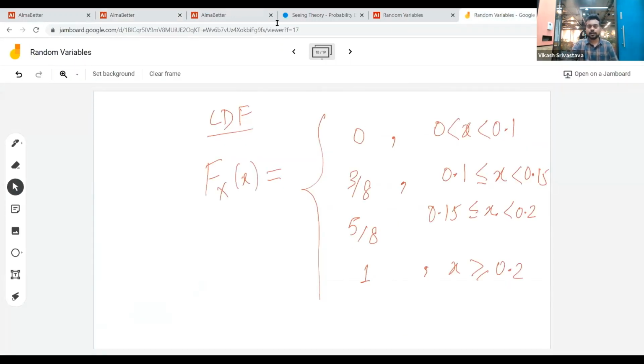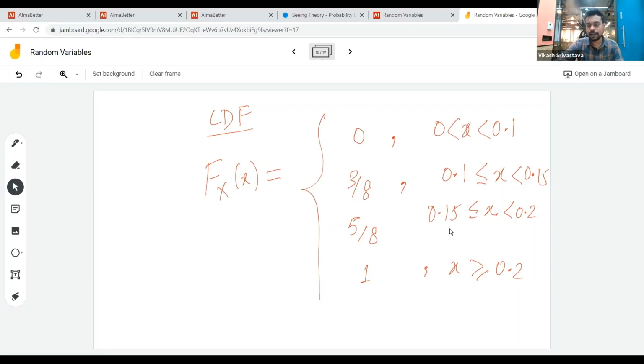So this is what I have written, the function, right? So if the ball's weight is between these two values, this will be 0 because there is no such ball. If it's between 0.1, here I have the equality sign, but here I do not have, so 0.15, the cumulative probability will be 3 by 8.